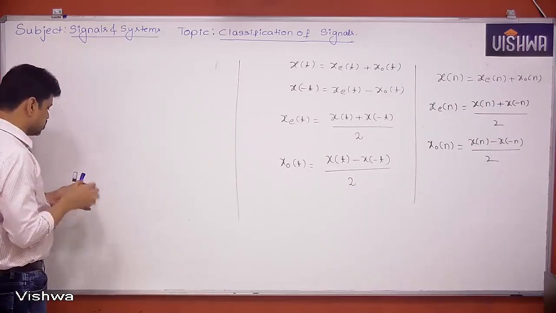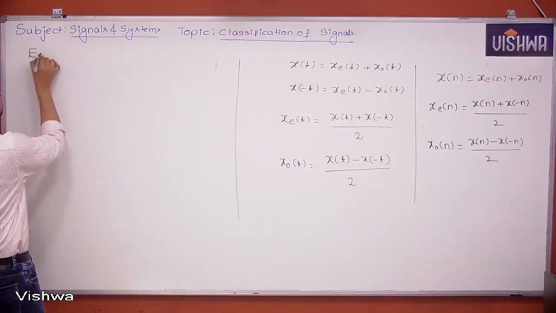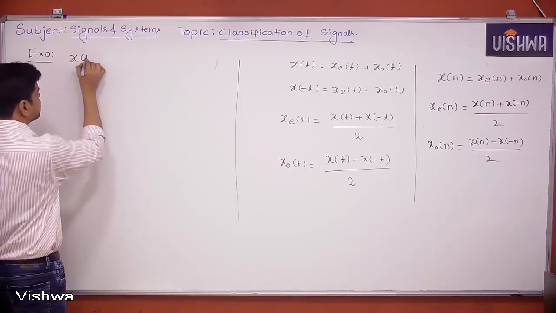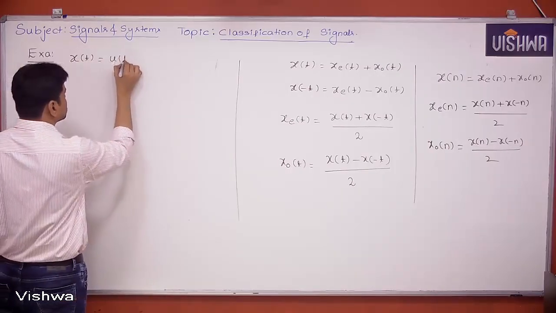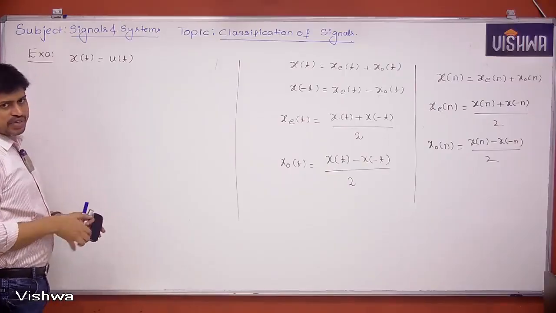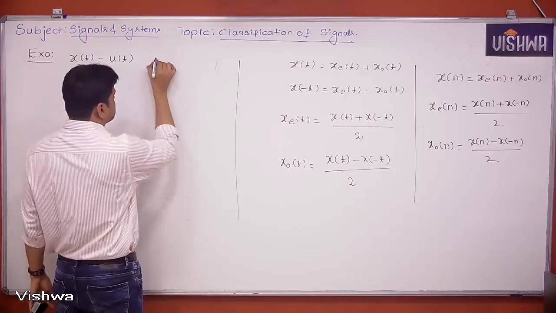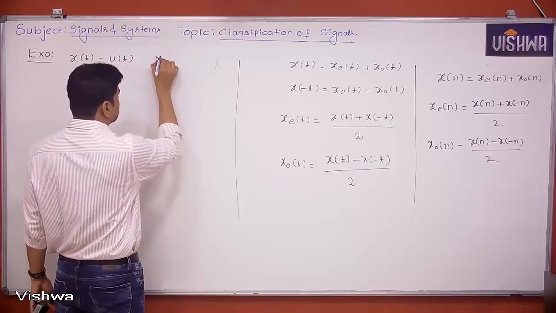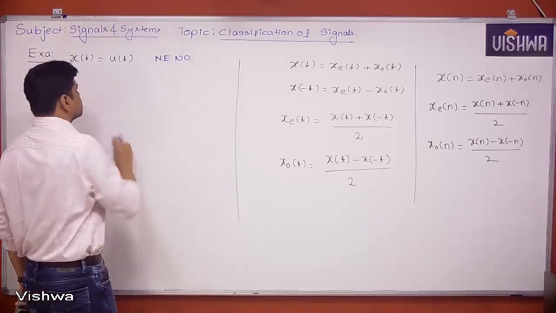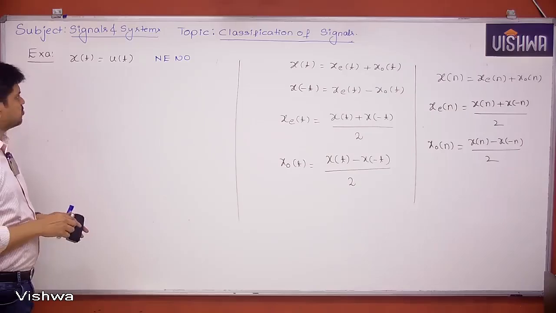Just now we came to know that, I am taking an example. Let's take a signal x of t is equal to u of t. Just now we came to know that u of t is a neither even nor odd signal. Then can you tell me what the even part and odd part in it are?